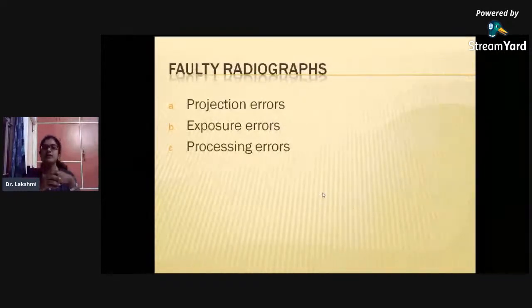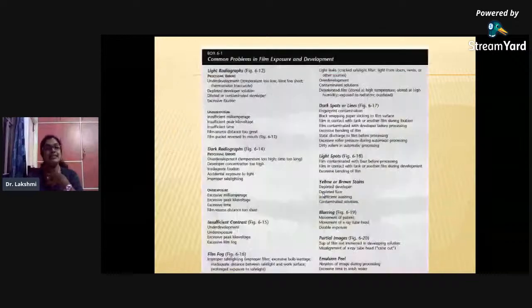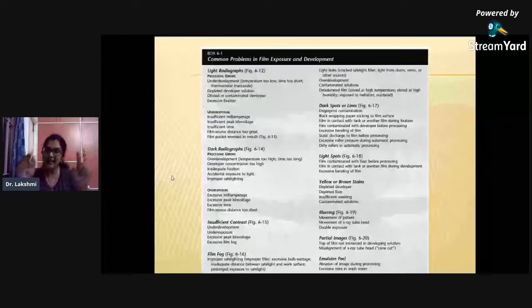So now I have added photographs for each type of error, so you can learn with the photo so that it is very easy for you to remember. Let us go one by one on this. Okay, this is in White and Pharoah, Textbook of Oral Radiology, edition 6. This is a nice table in which they have consolidated all the different common problems in film exposure and development.